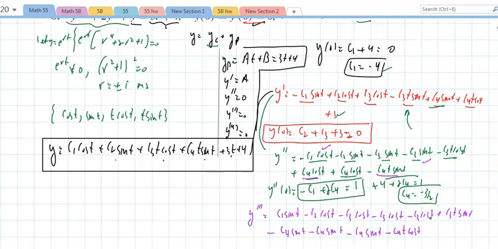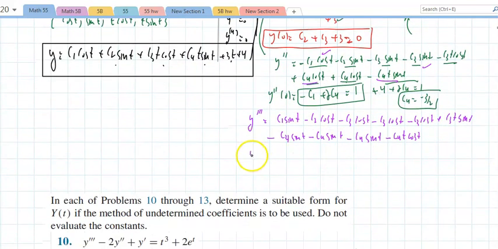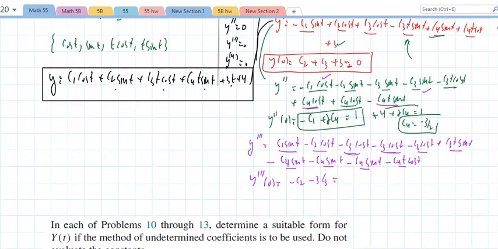If I throw 0 in, y triple prime of 0 would be negative c sub 2 minus 3 of c sub 3, right? 1, 2, 3 of them. The rest are 0, and that equals 1.